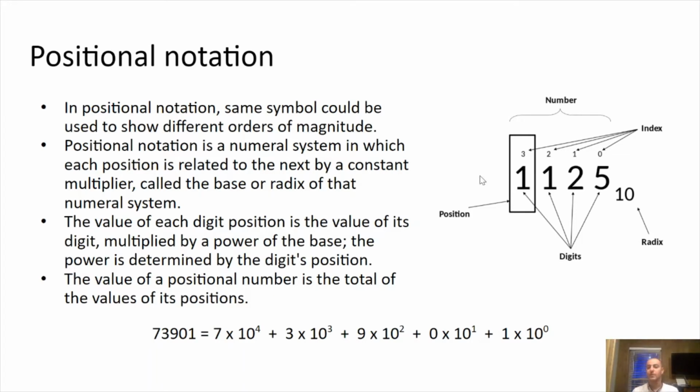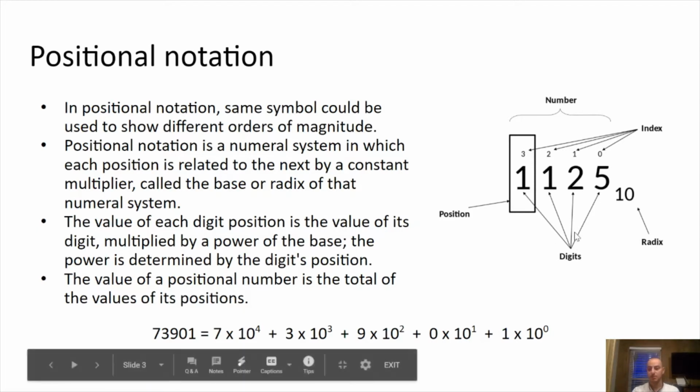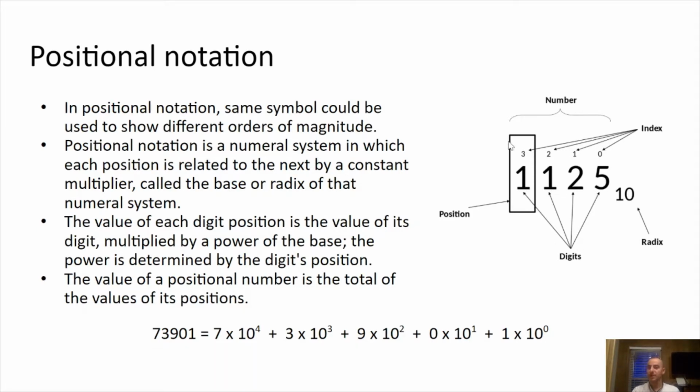So how do we calculate that? The first thing I should tell you, and you probably know, is that on a day-to-day basis we are using the decimal system. The number you see here, 1,125, is in the decimal system, and the base is 10.